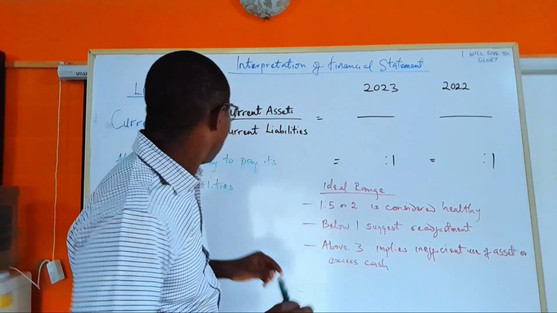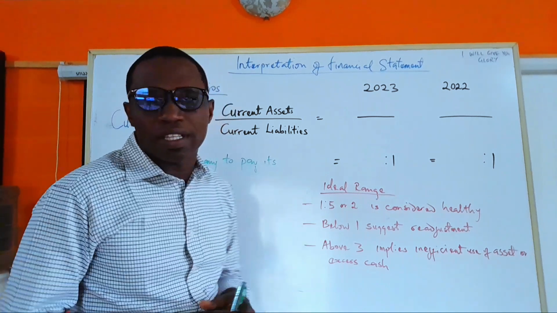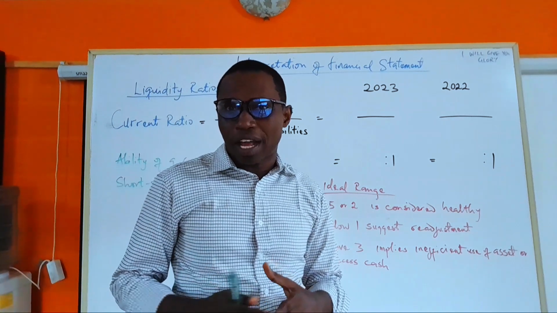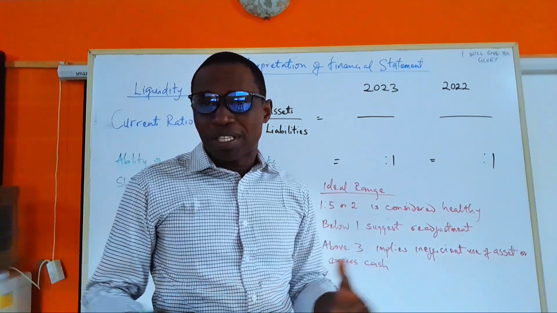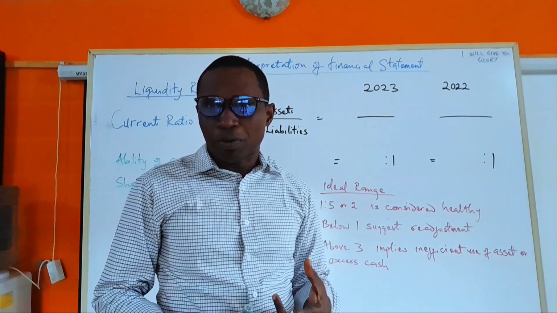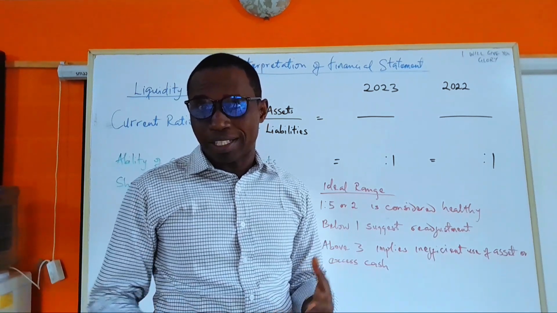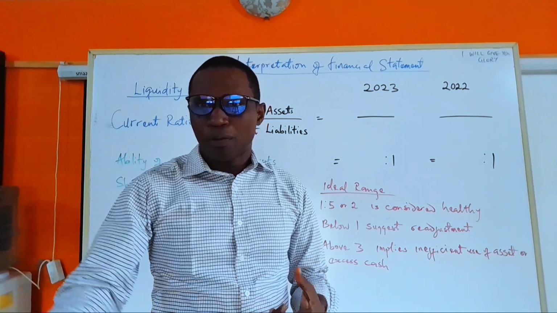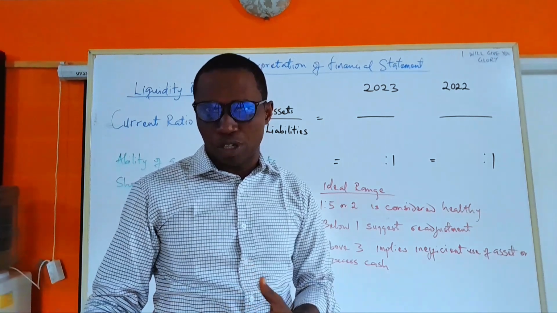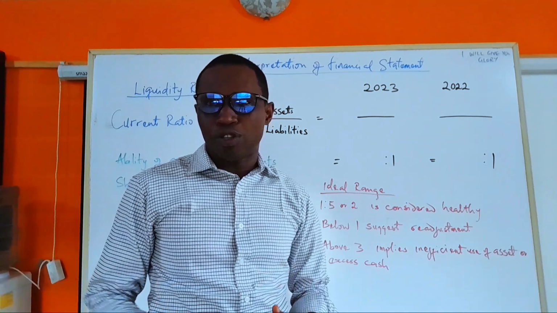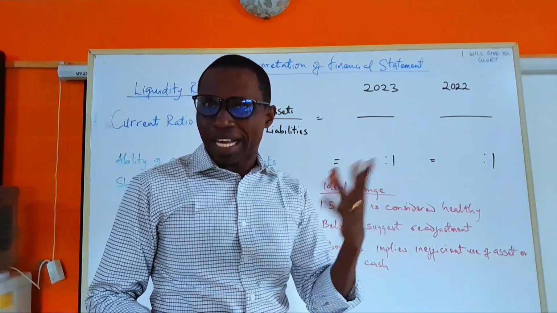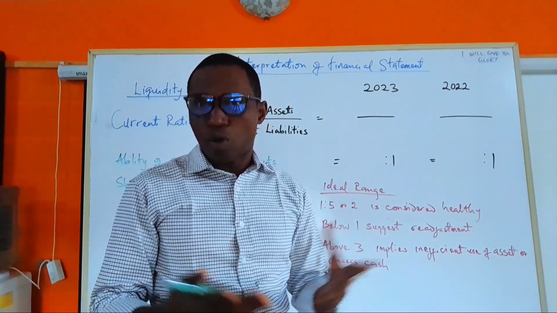So that is that. Then what is the formula? Just like I said, it is current assets over current liability. What are current assets? Basically, it is cash, receivables, which we also know as debtors, then we have bank, then inventory, if it's a company that deals with inventory, then we have prepaid expenses, and so on and so forth.